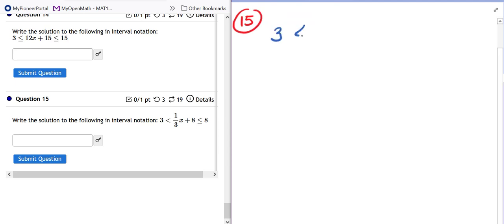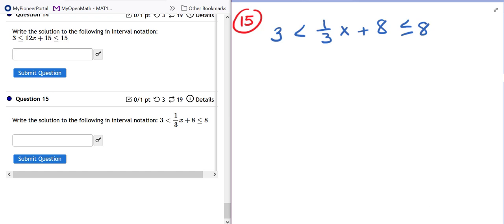So 3 is less than 1/3 x plus 8 is less than or equal to 8. And I just want to make sure I am seeing those correctly. Yes. All right, so first job is clear the fraction.